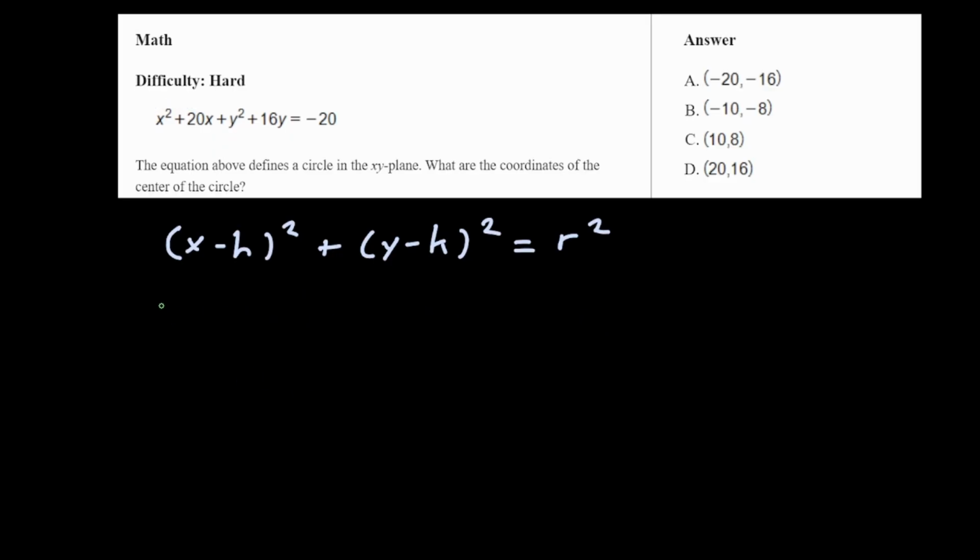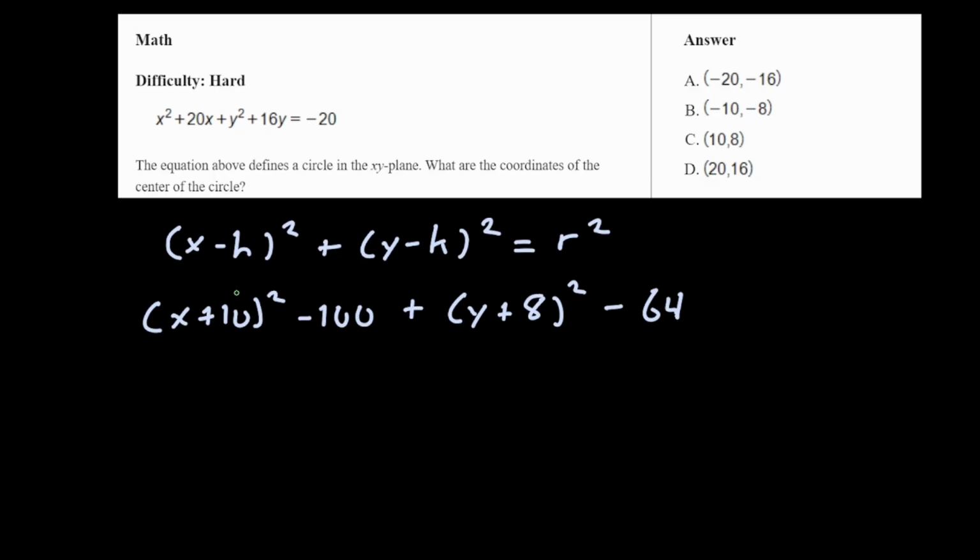We can rewrite this as (x plus 10) squared minus 100, and the y is (y plus 8) squared minus 64. The second value inside these parentheses is always going to be half the singular x or y term. And we have all of this equals negative 20.